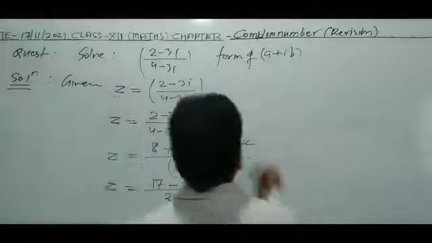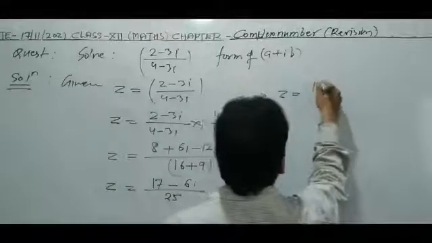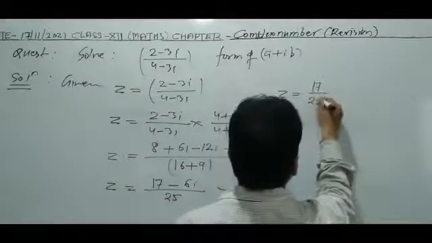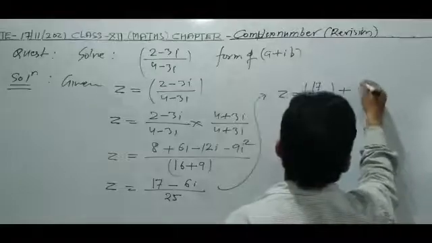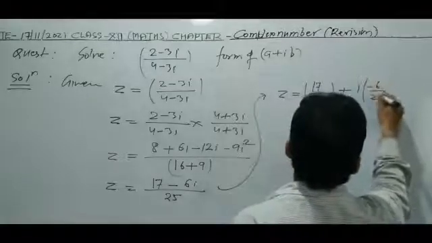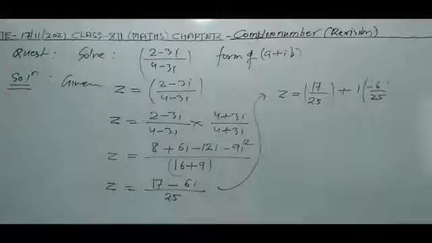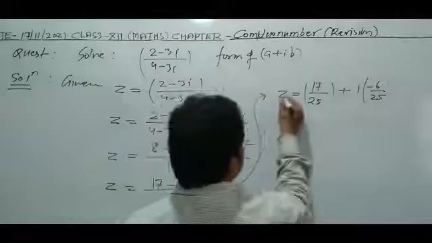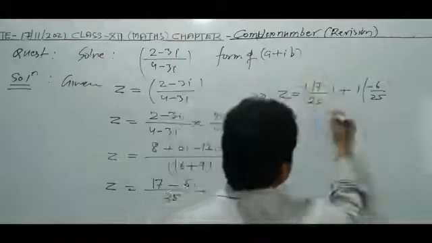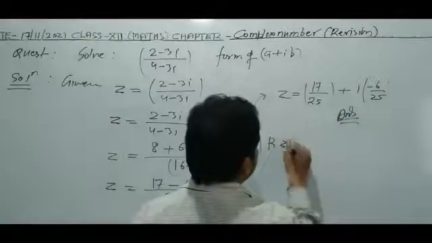Now in a plus ib format, z is equal to 17 by 25 minus 6 by 25 i. So in this solution, this is the answer. Now in this answer, suppose you are asked what is the real part of z.